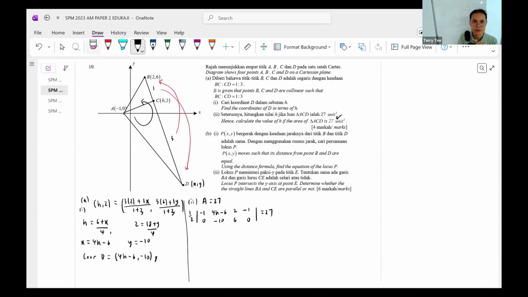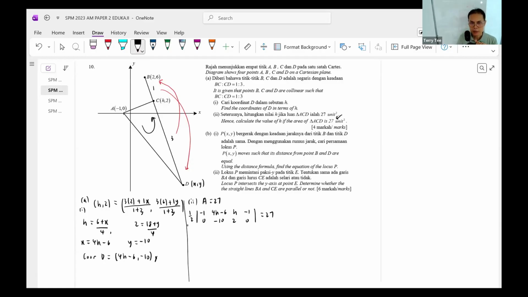So this one I erase it. ACD, right? But I still use D first because I want anti-clockwise. ADC. Then C is (h, 2). Repeat the first point. The result is 27.